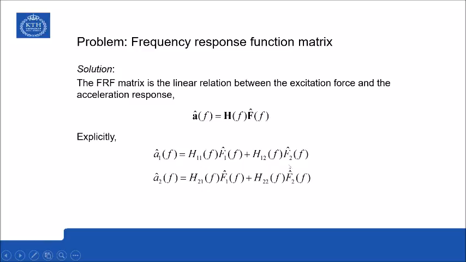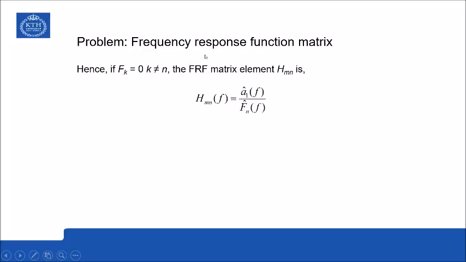So in general, we must make sure that the exciting force Fk is 0 for all forces, all degrees of freedom that we do not consider. And then the frequency response function matrix element Hmn is the ratio of the responding acceleration over the exciting force, the single exciting force that is non-zero.